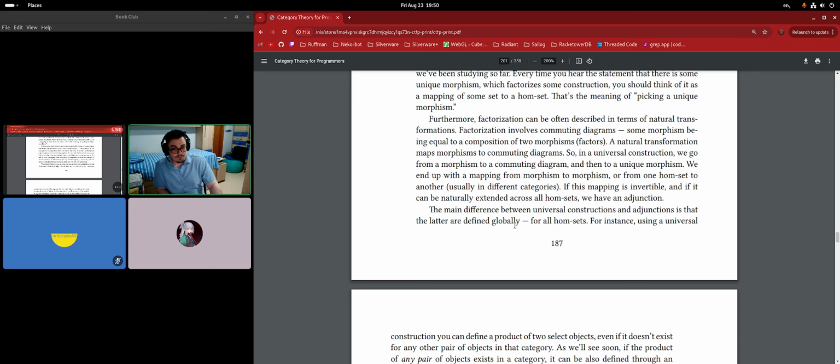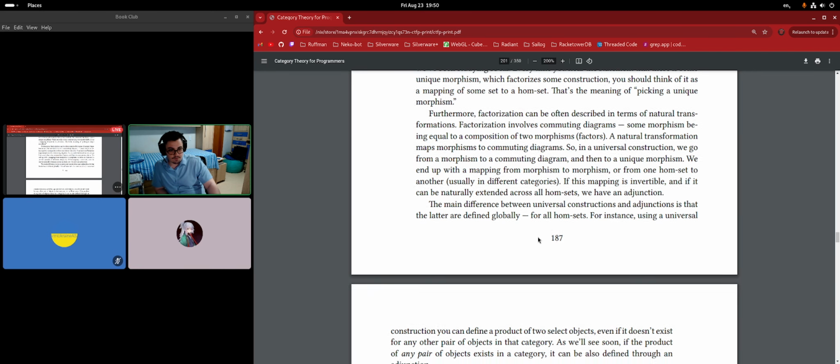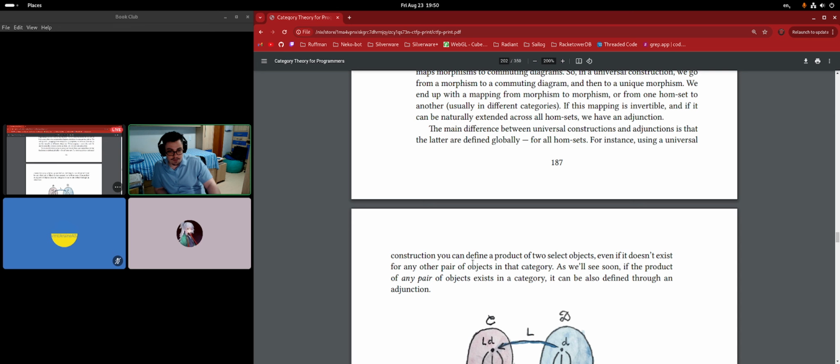The main difference between universal constructions and adjunctions is that the latter are defined globally for all home sets. For instance, using a universal construction, you can define a product of two select objects, even if it doesn't exist for any other pair of objects in that category.